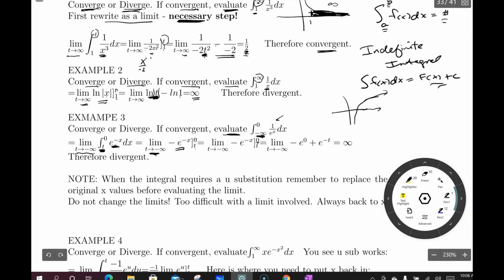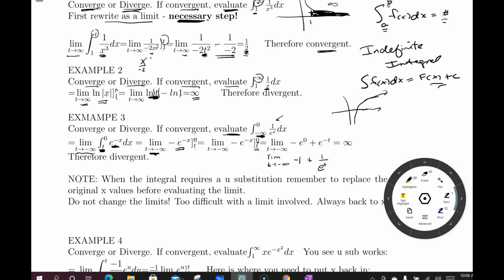So plug in the top limit, subtract off plugging in the bottom limit. In this step, I'm going to rewrite this so I can see what's happening. e to the 0 I know is 1, so I have negative 1 plus 1 over e to the t.